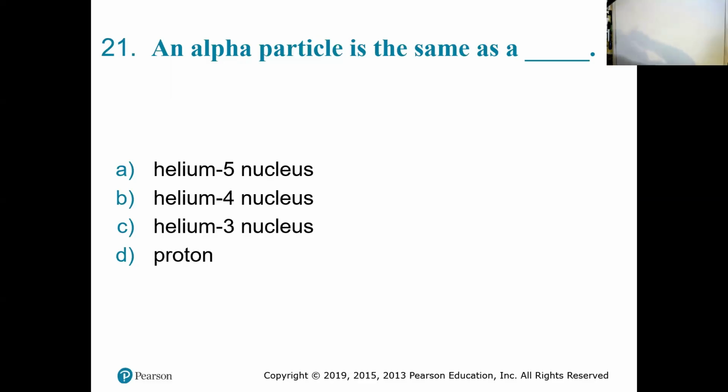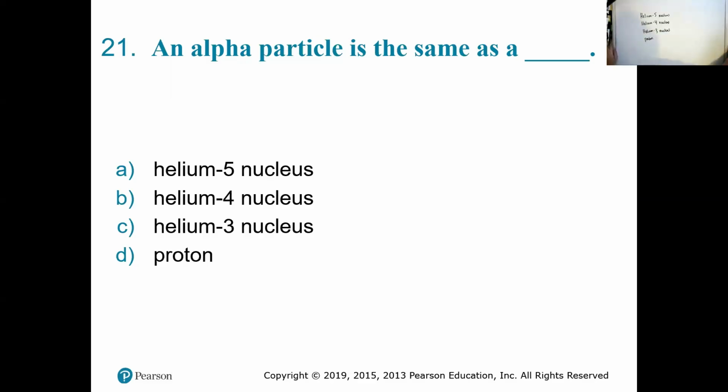This first question says an alpha particle is the same as what? Okay. And they give us these options here. Helium-5 nucleus, helium-4 nucleus, helium-3 nucleus, and a proton.